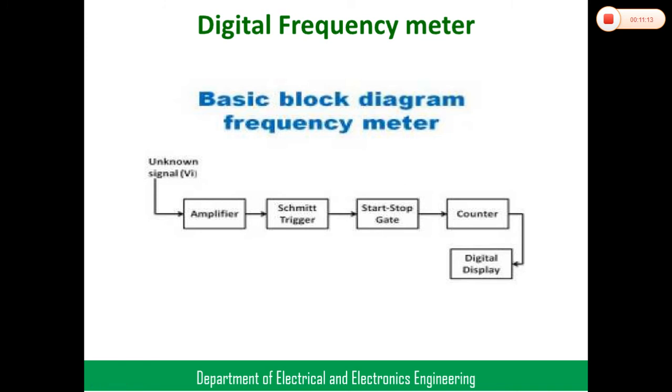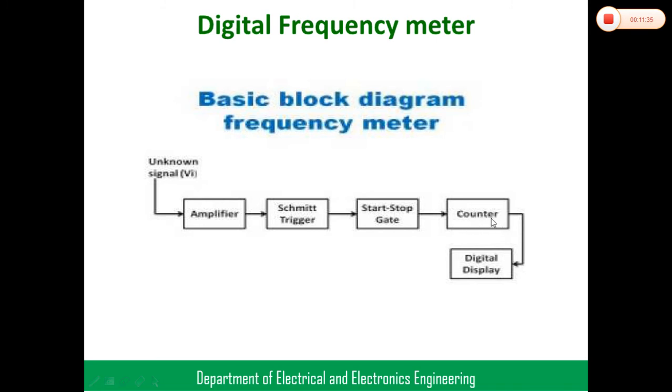As I have mentioned previously, the output pulses of the Schmitt trigger are fed to the start and stop gate. When the gate is enabled, the input pulses pass through the gate and are directed to the counter, which counts the number of pulses.